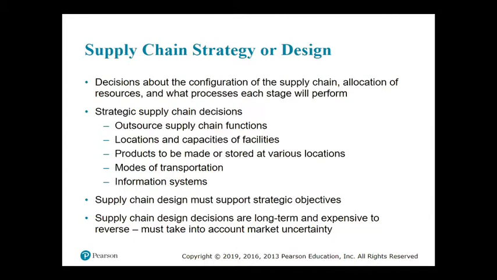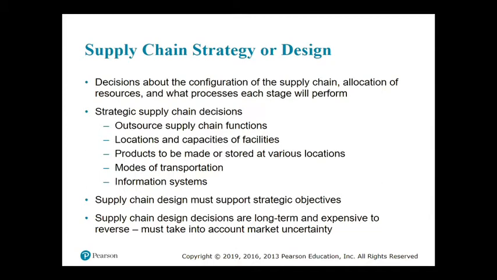So the decisions in the supply chain strategy or design phase will determine the configuration of the supply chain. So what are the nodes in a supply chain, basically, and how they are connected to one another.